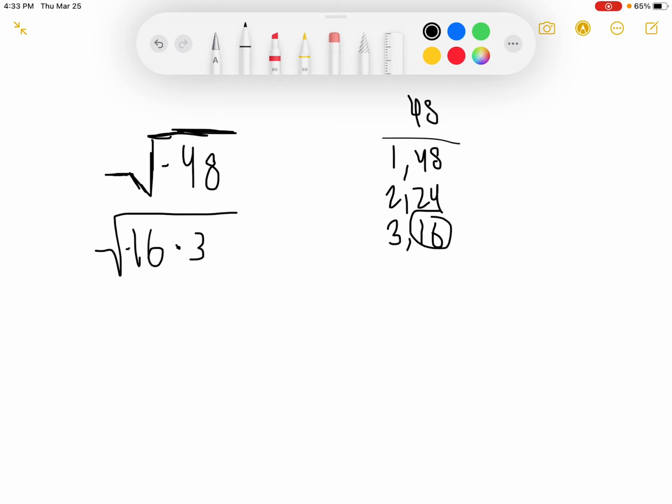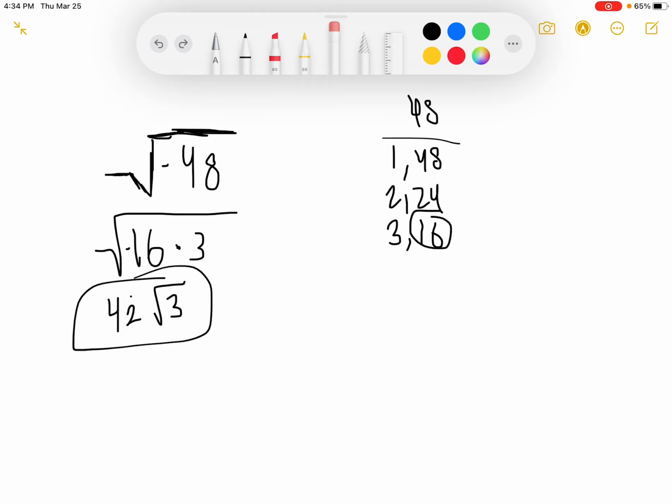Now you take the square root of that, and you have 4, but you have an i, because remember, we still have the negative 1. So that's how it's different when there's a negative than when there's no negative. And then you still have the 3 left over, which you can't take the square root of, so it's just the square root of 3. This one's a little bit tougher, so that would be the answer.